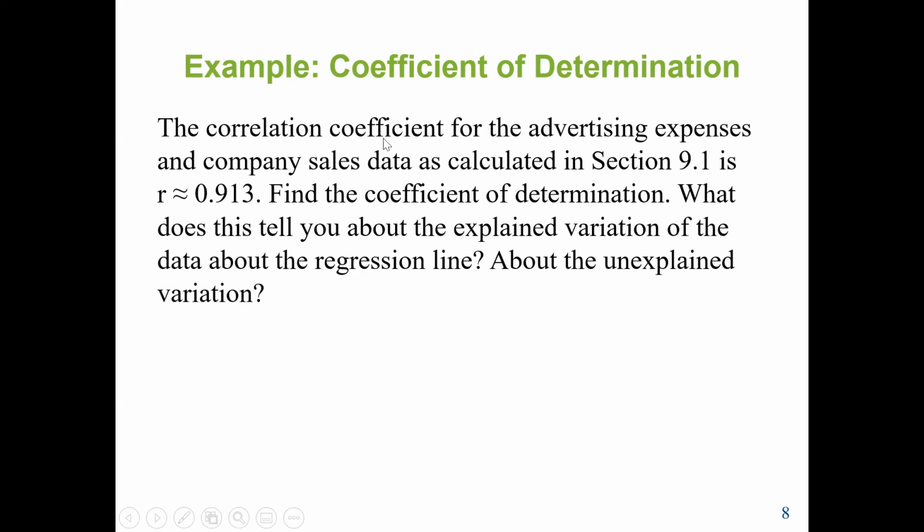Normally, the correlation coefficient gives us the strength, or the degree, of the association or relationship between the independent variable and the dependent variable. If the R value is close to 1, in this case 0.913, we say we have a very strong increasing or positive relationship, which means when X increases, Y also increases.